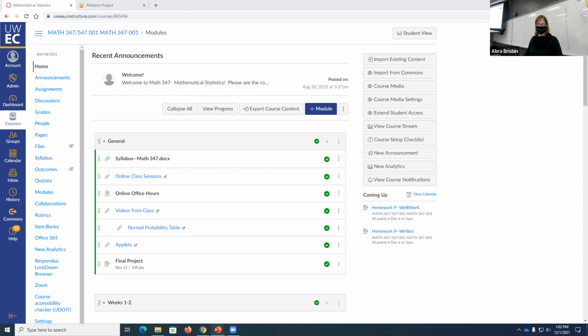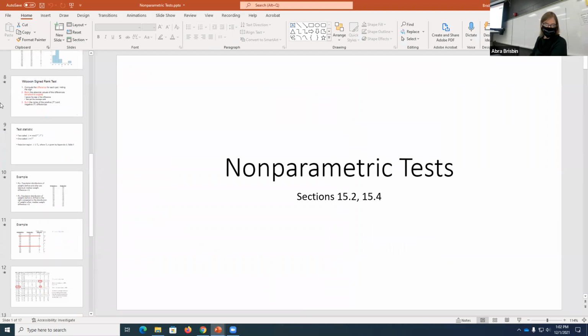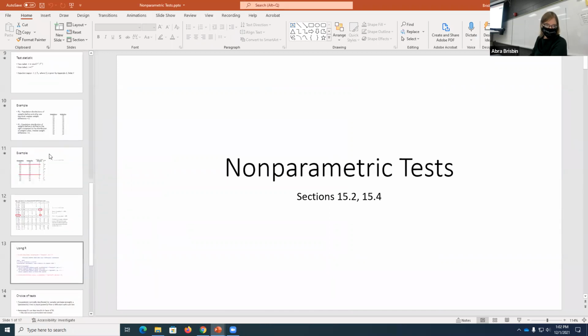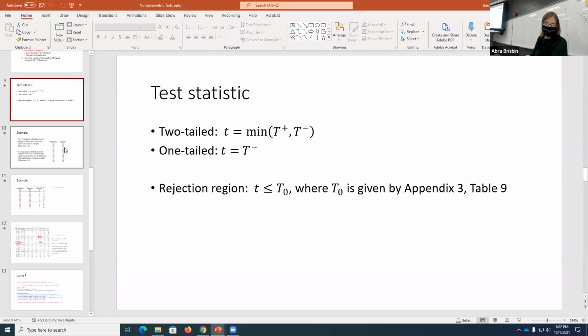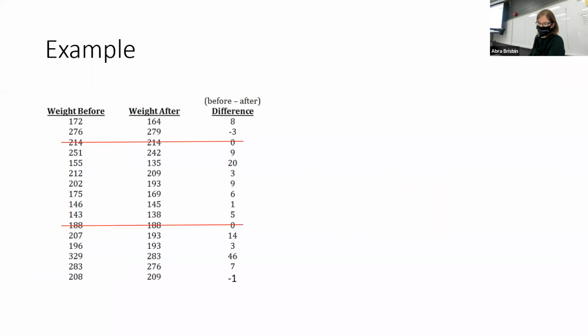All right, so when we left off last time, we were talking about non-parametric tests, specifically the Wilcoxon signed rank test. And we had seen that for our example data set about whether a particular diet is successful in helping people lose weight, we ended up with a test statistic of 5.5.